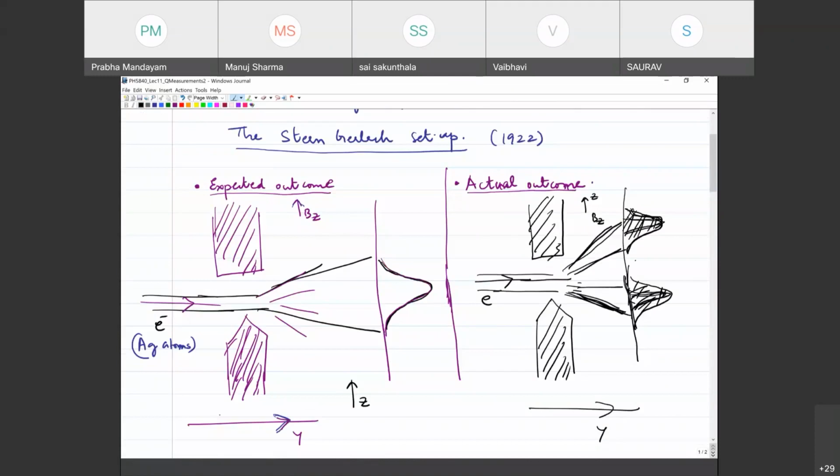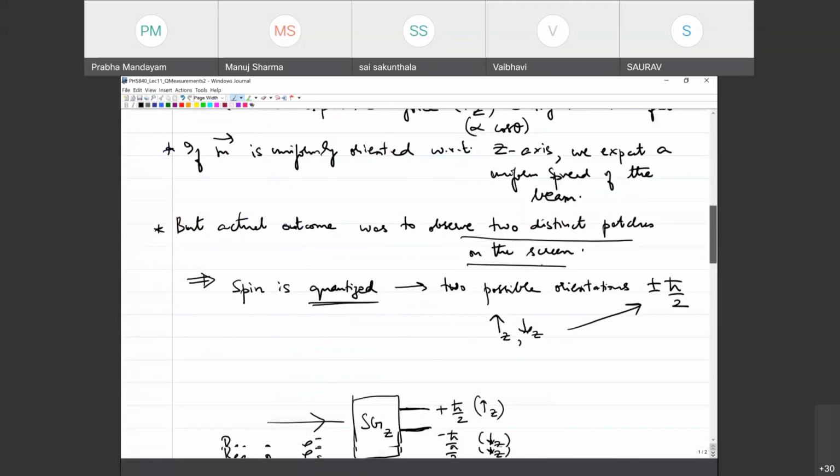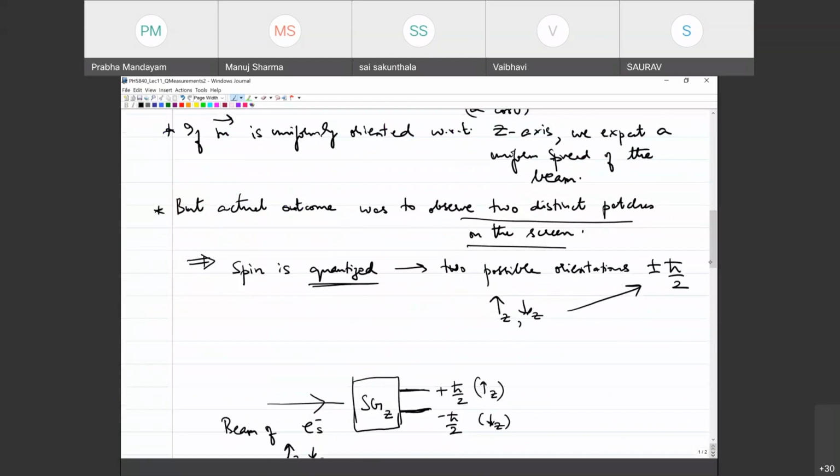But in practice, you not only have a force along the Z, you should have forces along other directions because of the laws of electromagnetics, right? So there will be a spread. Anyway, the spread needn't bother us. That's an experimental quirk, if you will. But the key point is these two distinct values, right? And these are what we refer to as up and down, parallel, anti-parallel, plus minus h bar by 2.